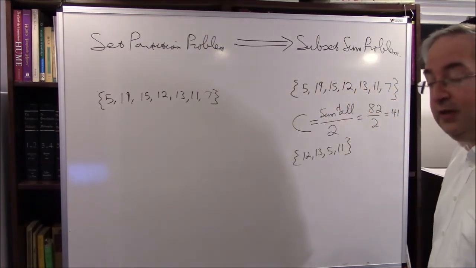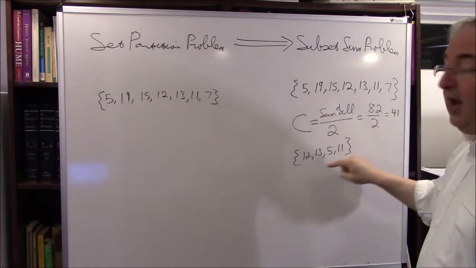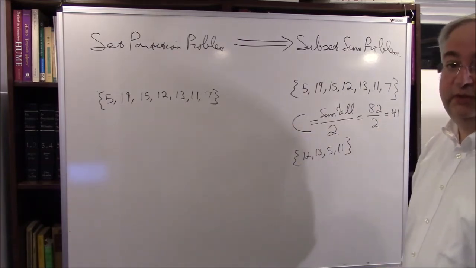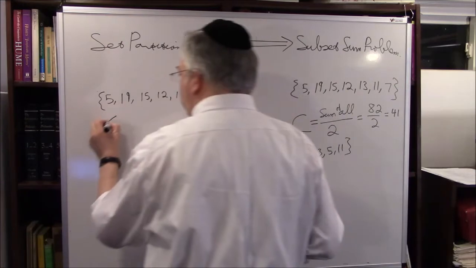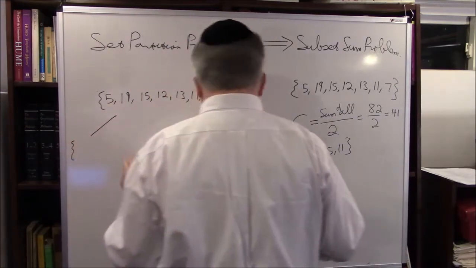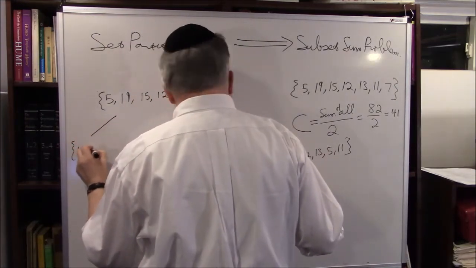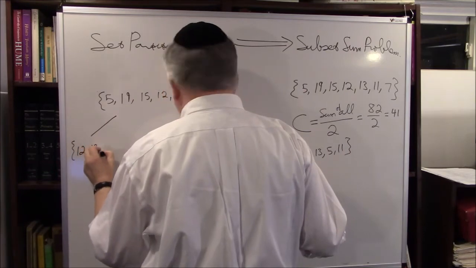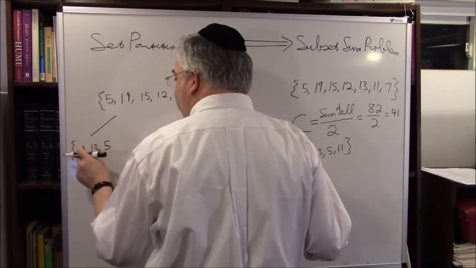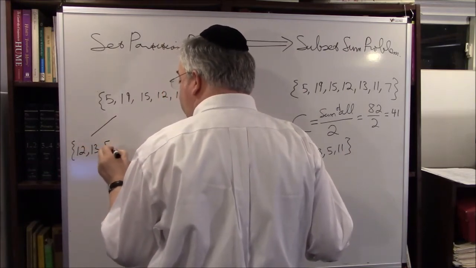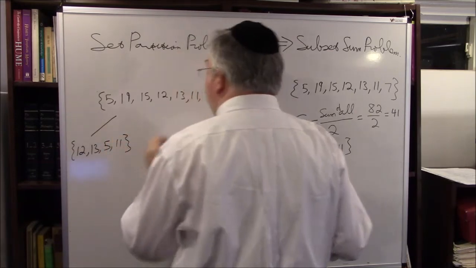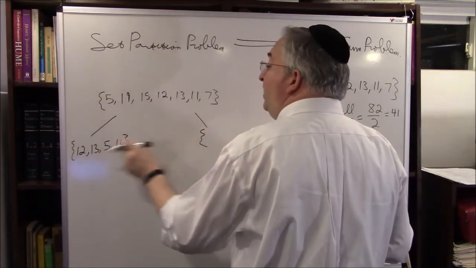Guess what? From this, I can find an answer to this question. Why? Let's do it. I take everything in here, 12, 13, 5, and 11, which is 41. Then take everything not in here.